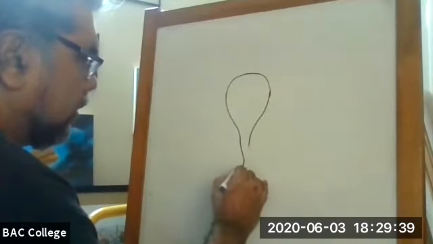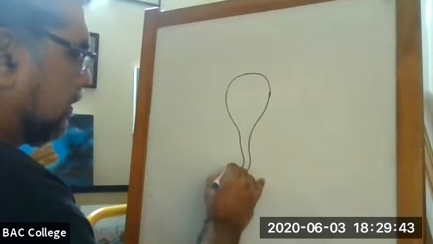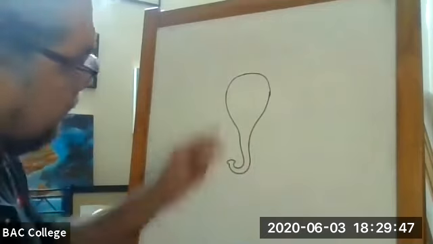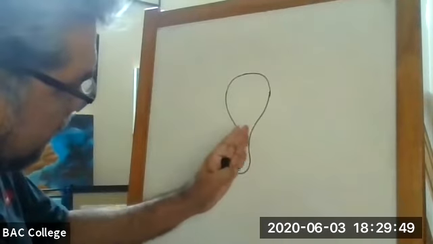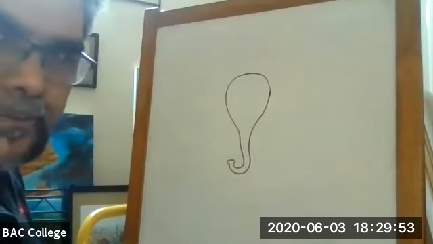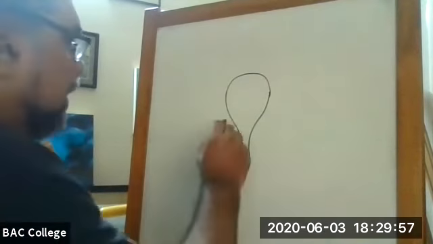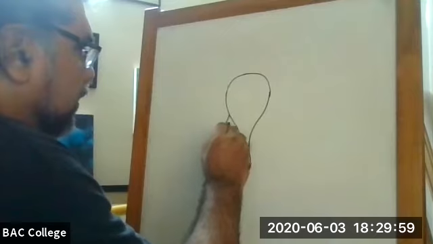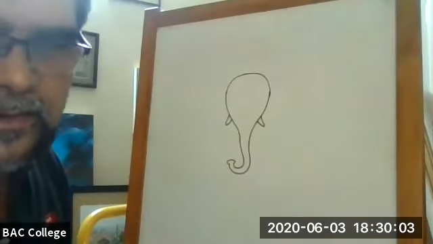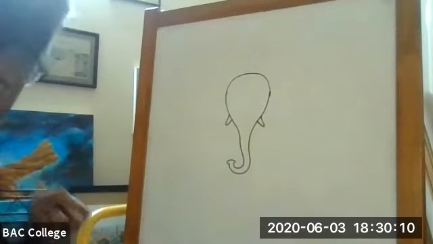And then you get your curve here, like that. So it comes down, it curves out a little bit, and then it goes in. Here will be your tusk. Over here, comes down here, comes down here. That's your tusk.